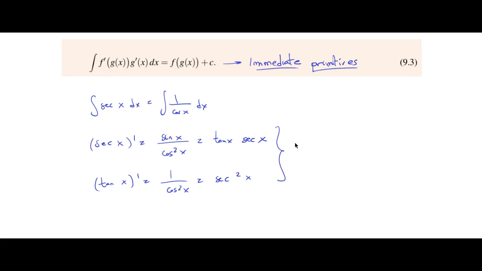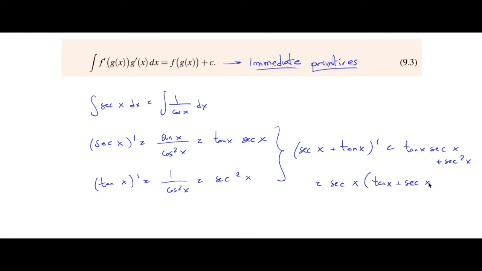So if we add these two, we have the derivative of the sum of the secant and the tangent. We have the tangent times the secant plus the secant squared, or in other words, we can take the secant as a common factor, and we have the secant times the tangent plus the secant.